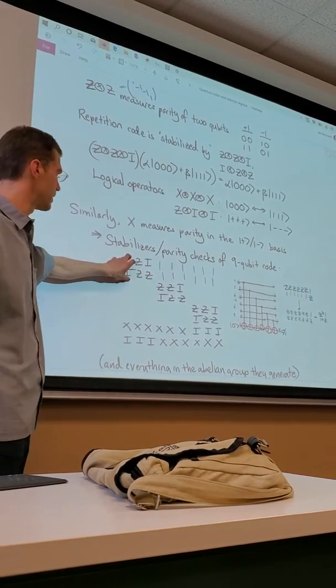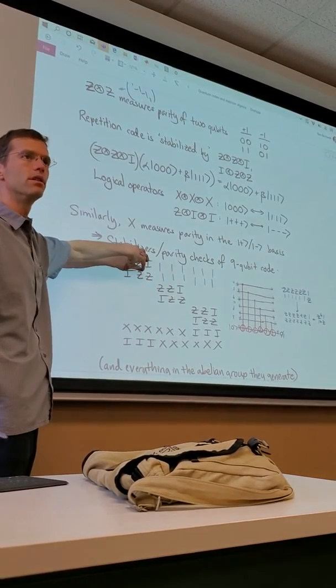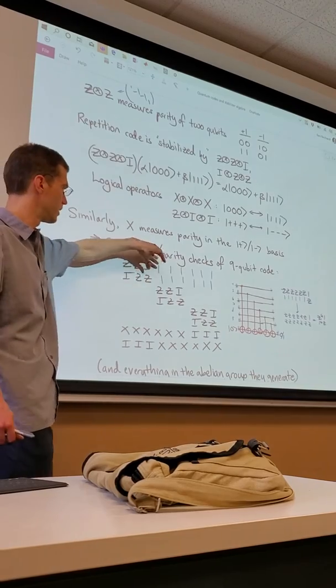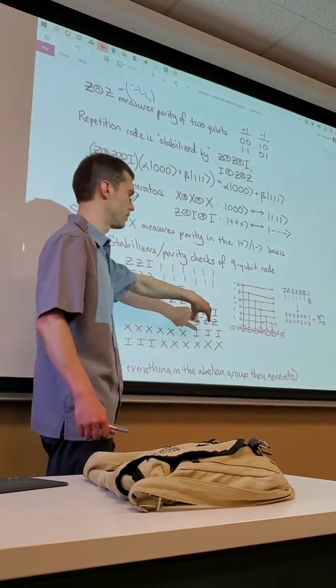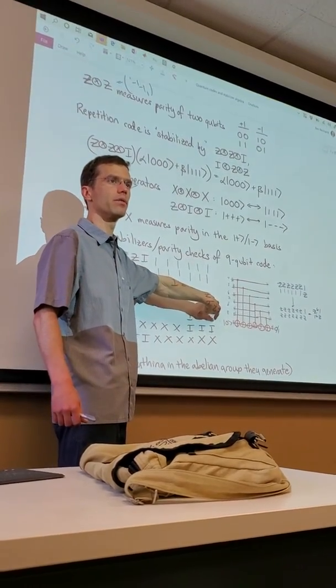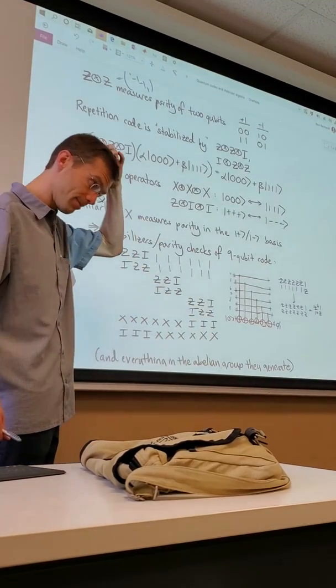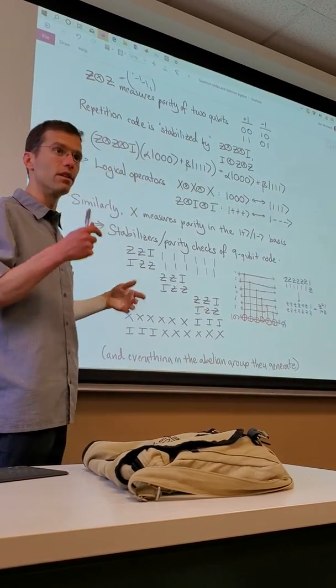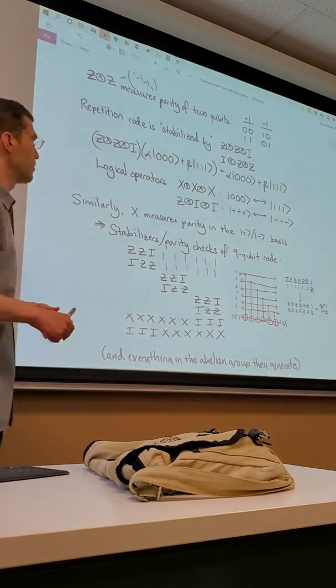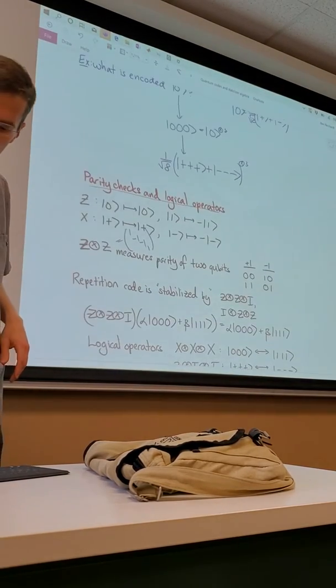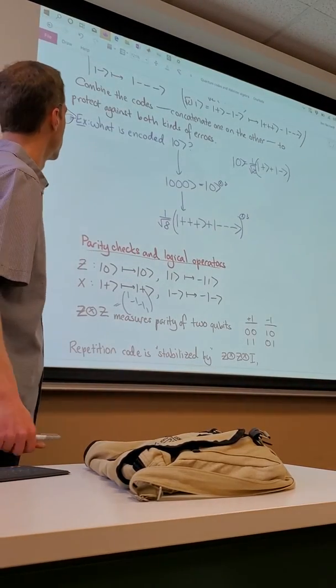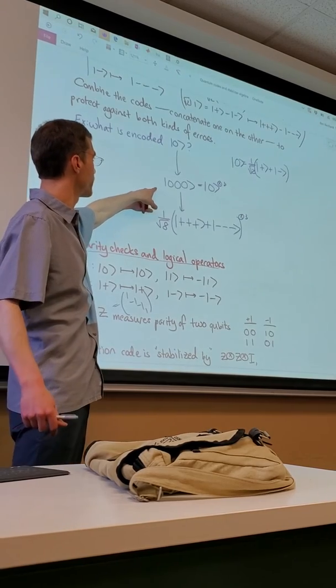These are the identity on the last 6 and only work on the first 3 qubits. These only work on the middle 3 qubits, and these only work on the last 3 qubits. And so I have 3 copies of the repetition code.